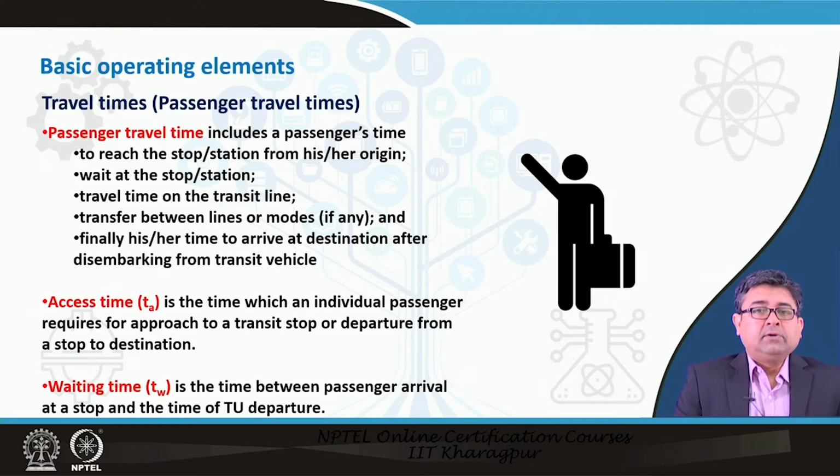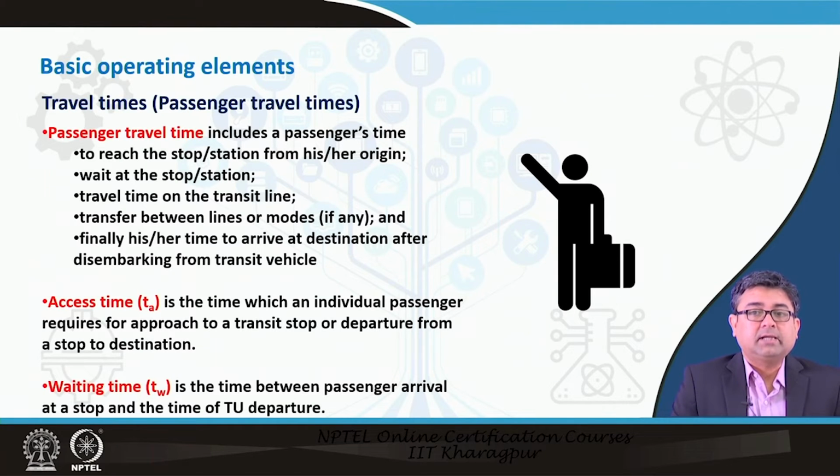The first element in a passenger travel time is the time that a passenger takes to reach the station from his or her origin. A public transportation line does not come to your home or your college or your restaurant or your hotel. You have to reach that point. So, there is some amount of time involved in reaching a bus stop or a metro station. That is the first element in a passenger's travel time.